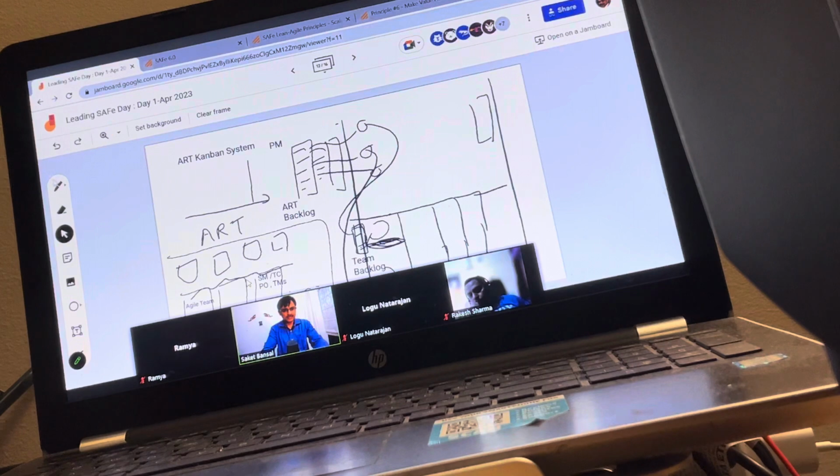So we identify them, and then we add acceptance criteria to it. We analyze them. So you may have a funnel stage where you are just adding the features. Then you may have an analysis stage where you are adding acceptance criteria to it. And finally, we put them into an ART backlog. Now this whole job is facilitated by product management.